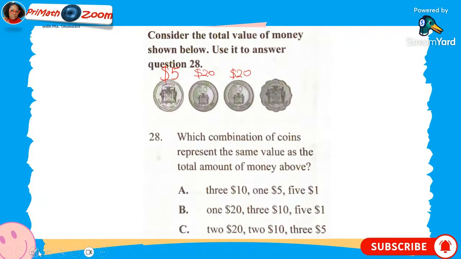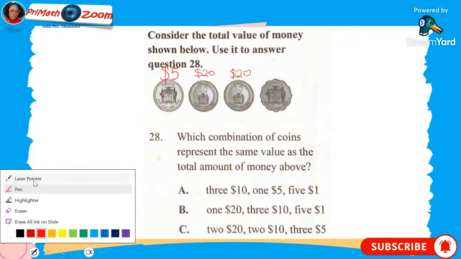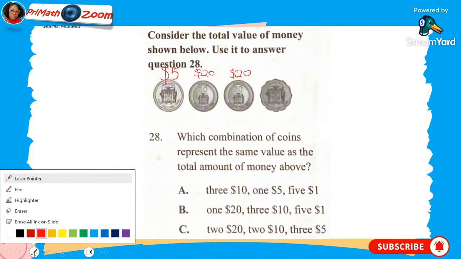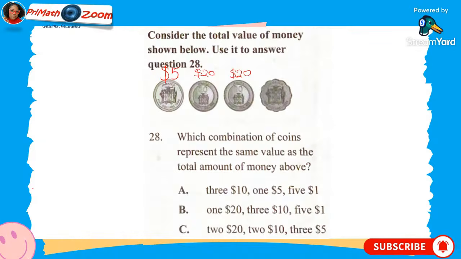Who knows what the other coin is called? This coin here with the curly edges. What's this one called? $10. Very good. Thank you, William. So $10. I'll put $10 here. A $10 coin. $10 coin. Yes. All right.